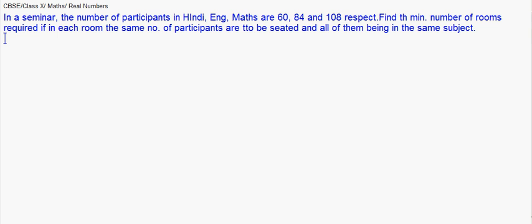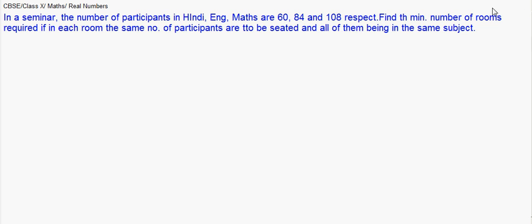So how do you do it when there are 3 numbers to find out? In Euclid's division algorithm, take 2 of these numbers first, find the HCF, and then with the same HCF you can take it up with the next number. So we have to find the HCF of all these numbers to find out the maximum number of participants to be seated in each room.